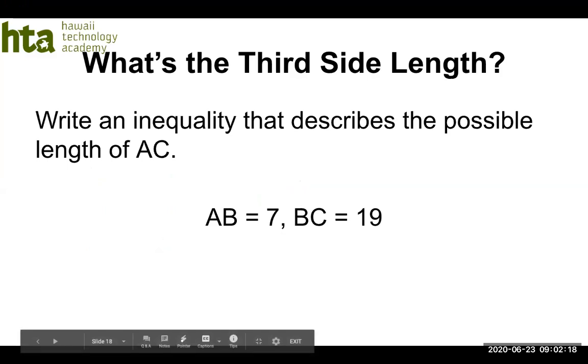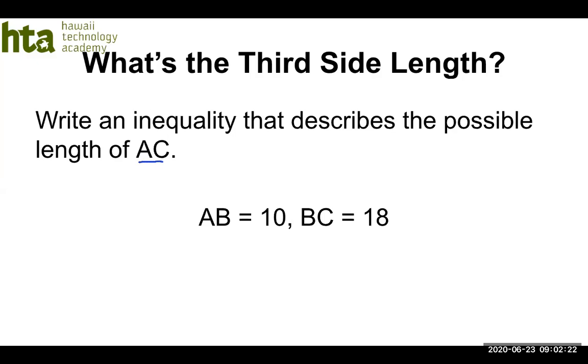This one is named AC. What we are trying to find a possible length of, the name of it goes in the middle. So AC goes in the middle of two less than signs.